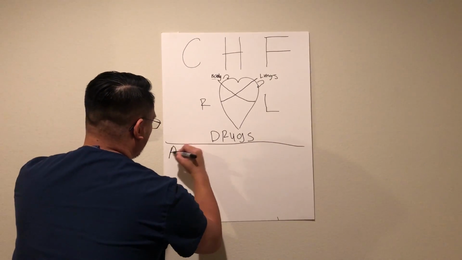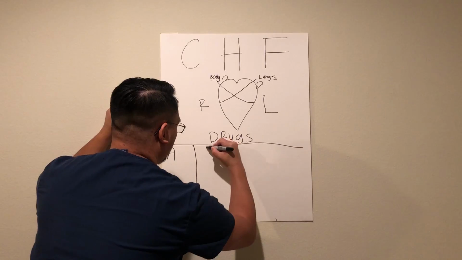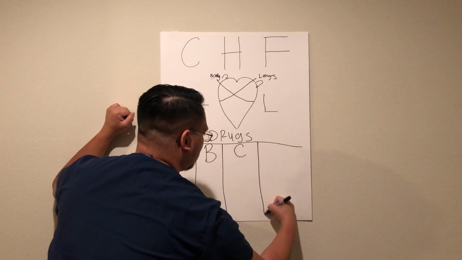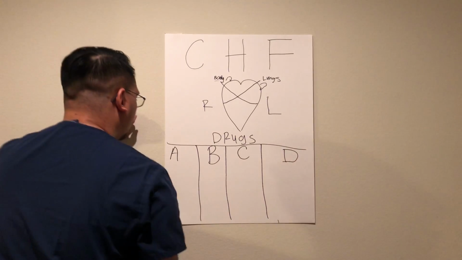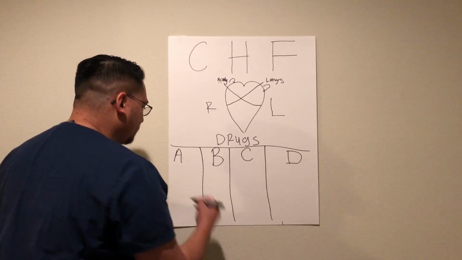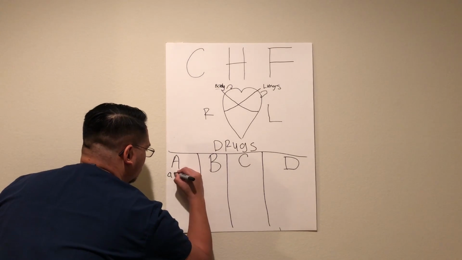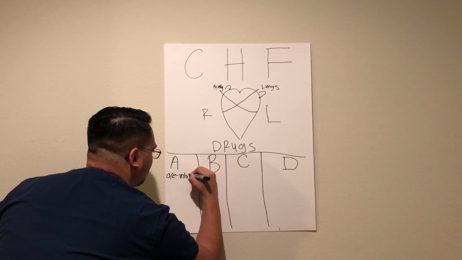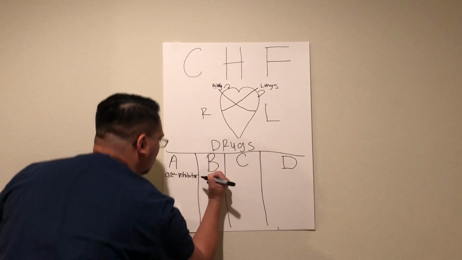You have A, B, C, and D. Okay. A stands for ACE inhibitors. Okay. ACE, A, C, E, I. Inhibitors.